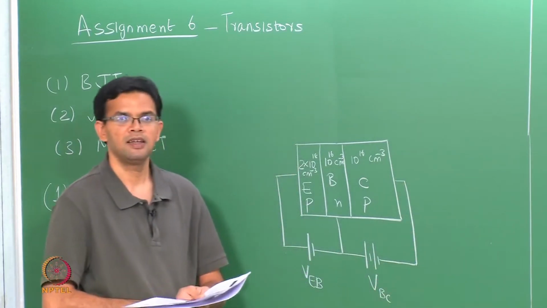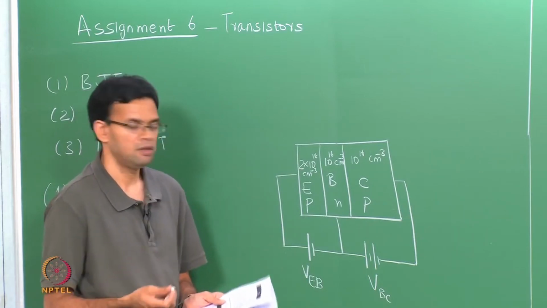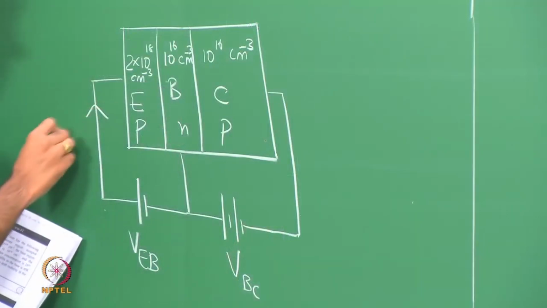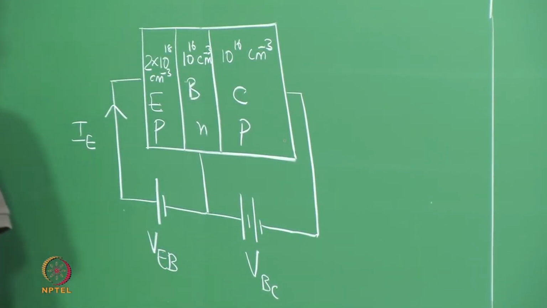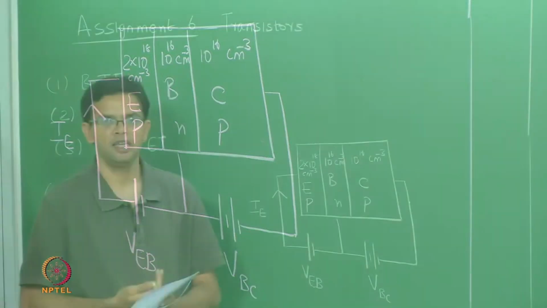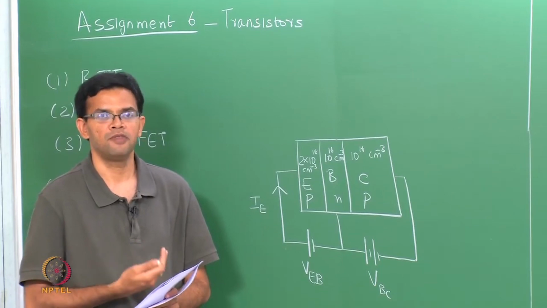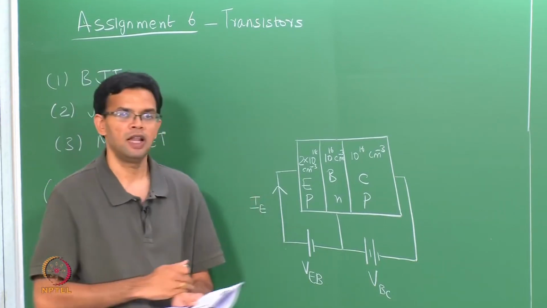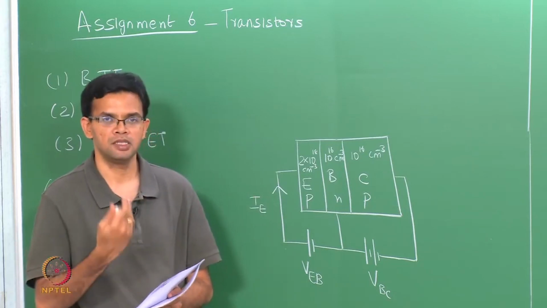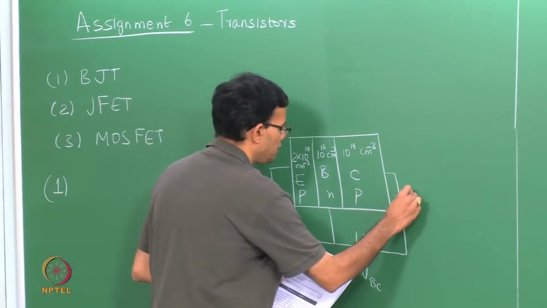In this particular case, holes are injected from the emitter to the base, so that there is an emitter current I_E. These holes are essentially minority carriers in the base. They will recombine with some of the electrons in the base, but most of the holes will essentially move from the base to the collector, and that forms your collector current.